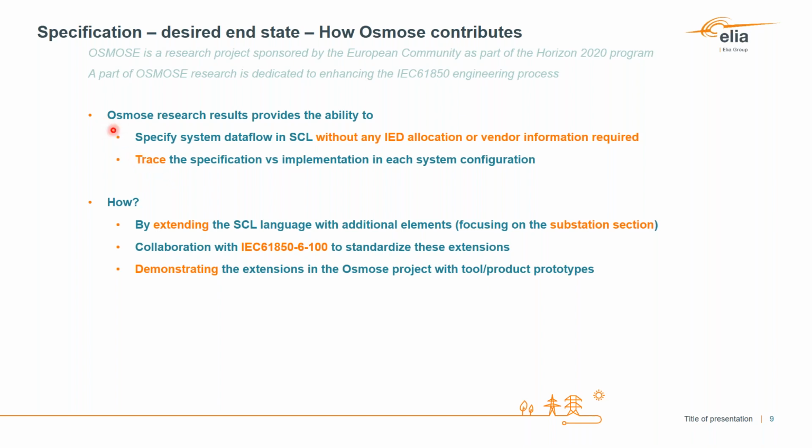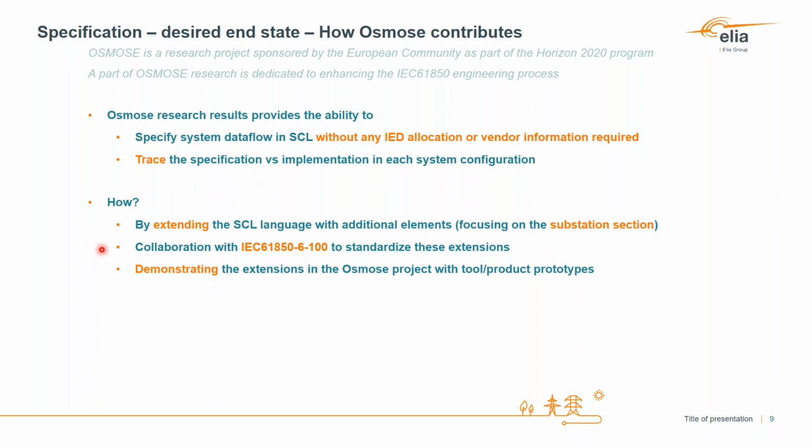And how do we implement these two points? By extending the SCL language with additional elements, which allow us to remove the layer of the IED and the vendor-dependent layers of the SCL file in order to get a vendor-independent file.